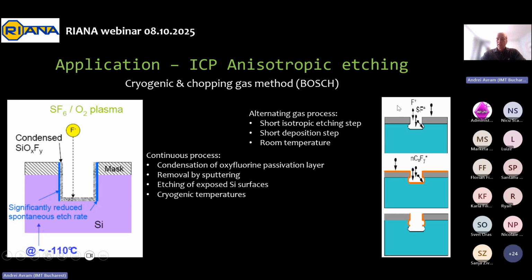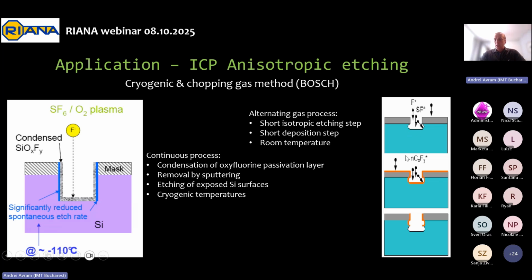For the Bosch process, you basically just alternate two gases. The first gas is SF6, which is an etchant. You stop the SF6, and then you start another plasma using a gas that creates a thin, Teflon-like deposition. It's usually C4F8, this second gas.